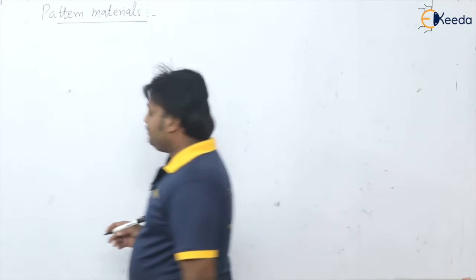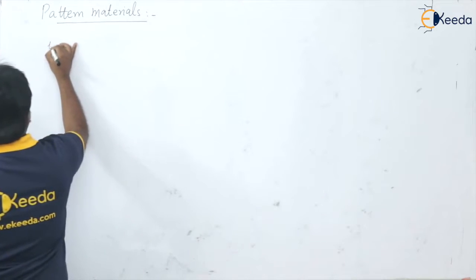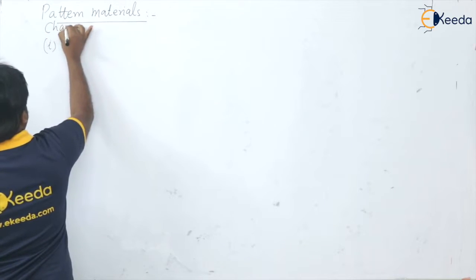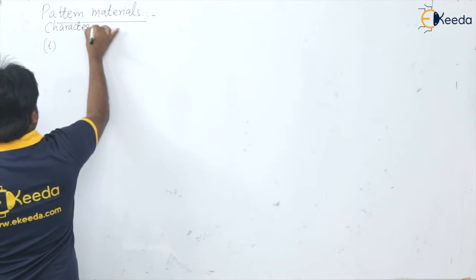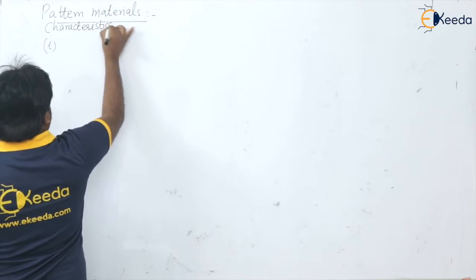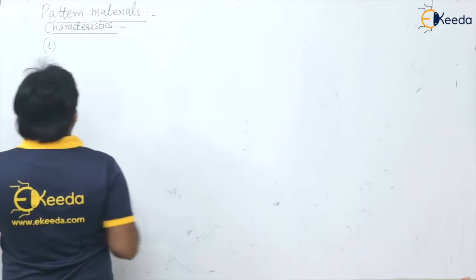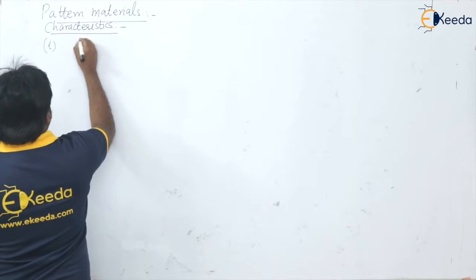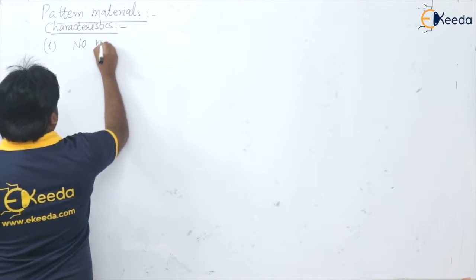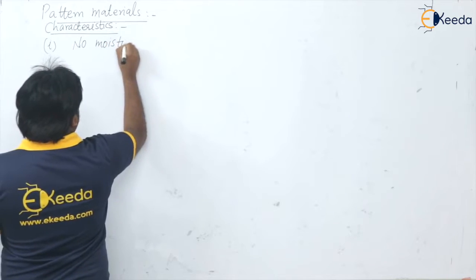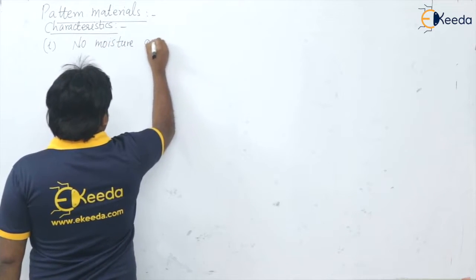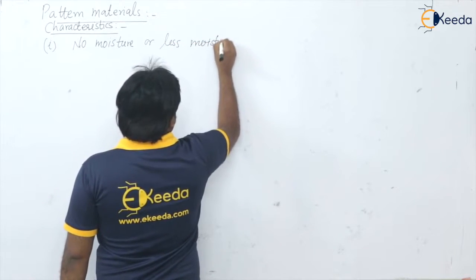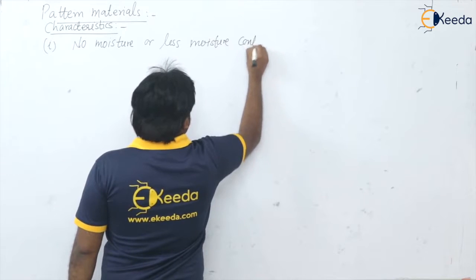So number one, we are seeing the characteristics. The first characteristic is that there should be no moisture or less moisture content.